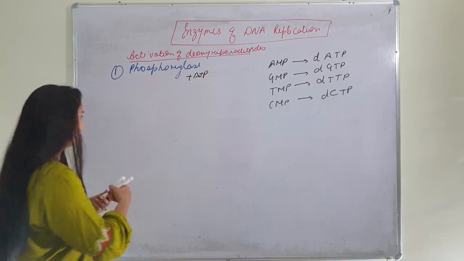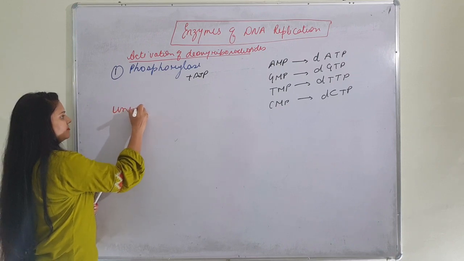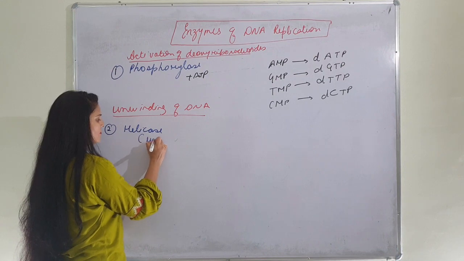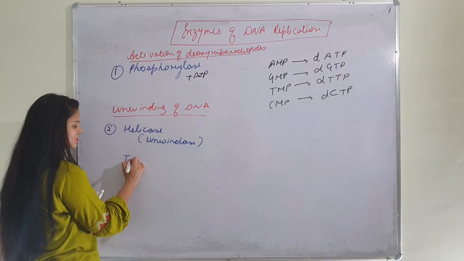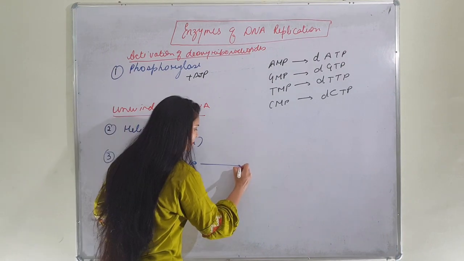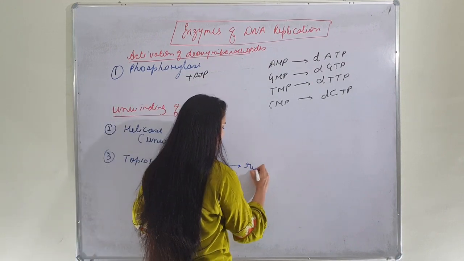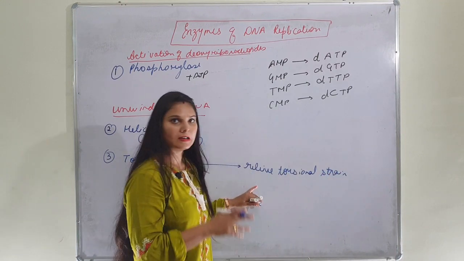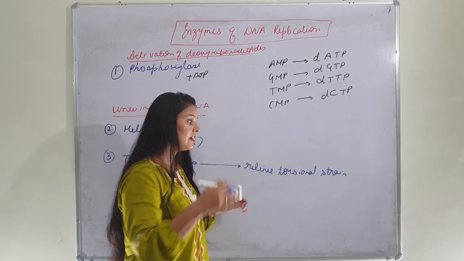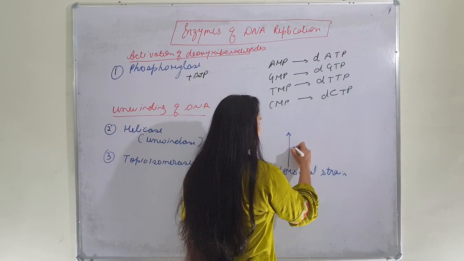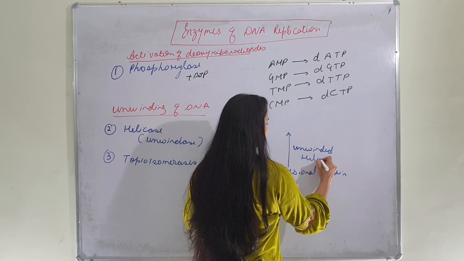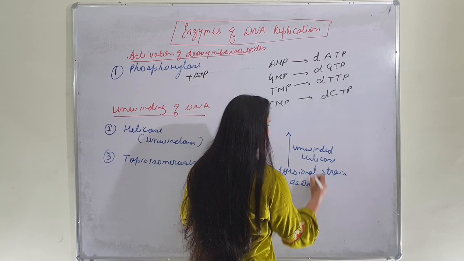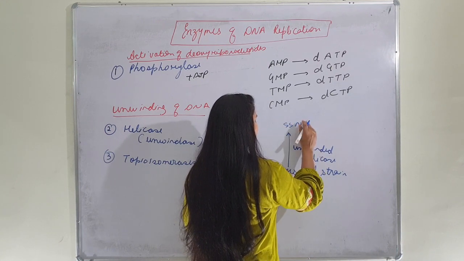The next step is unwinding of DNA, which is done by helicase, also called unwindase, and topoisomerases, which relieve the torsional strain on the double helical strand of DNA, which is later unwound by helicase, converting double stranded DNA to single stranded DNA.